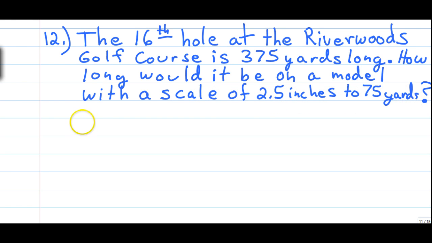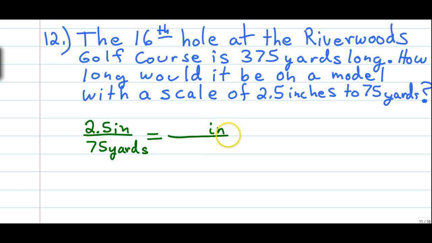Let's set this up in a fraction form. So we have 2.5 inches to 75 yards. On the other side, we would want to put the same information in the same position. In our numerator's position, we're going to have inches. In our denominator's position, we're going to have yards. Let's go back to the question.